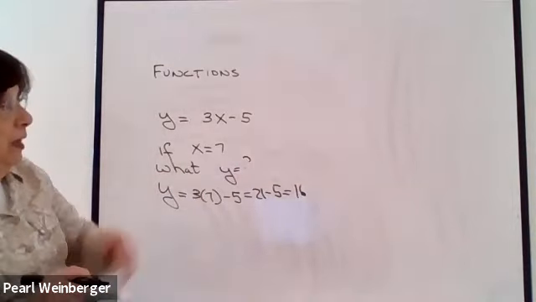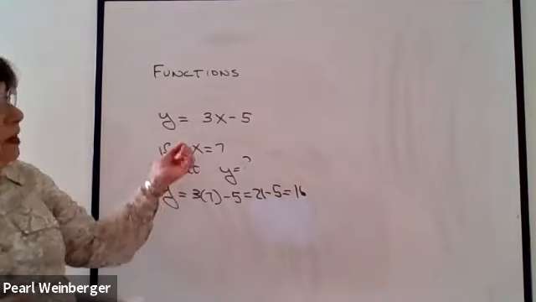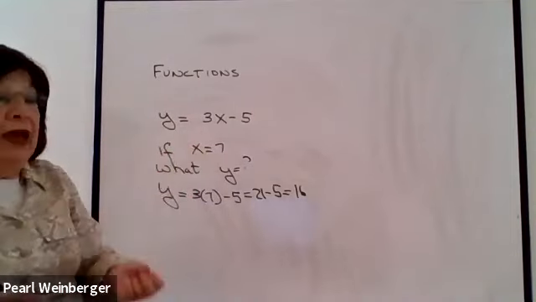In these two variables, we give the name to the x variable as the independent variable, and the y is what's called the dependent variable. What does that mean? It means that I am free to take any value I want for x.